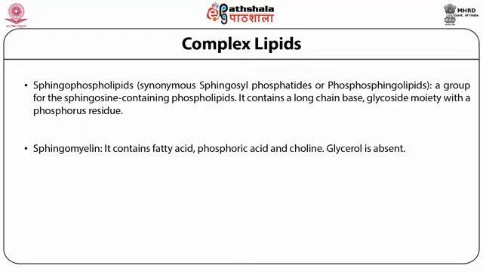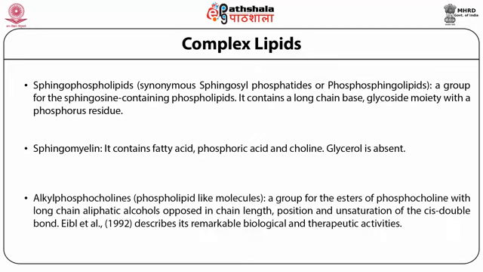The third category of the phospholipids is alkyl phosphocholines. They are phospholipid-like molecules. Henceforth, they are categorized under the phospholipid category.